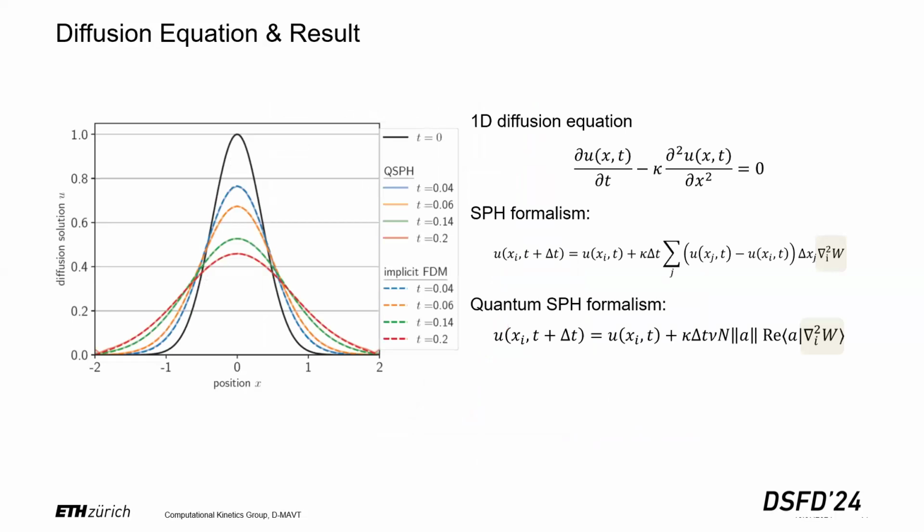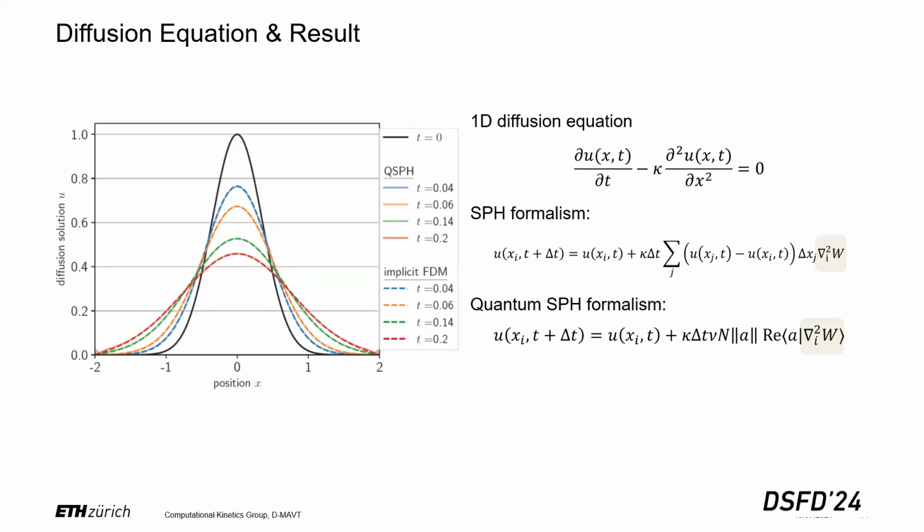Now we can do the exact same thing, but with the diffusion equation. So now we have a second order PDE. We rewrite this into SPH formalism, then we write that into the quantum SPH. Now we have the solutions here. The black graph, the tallest graph, is our initial state.